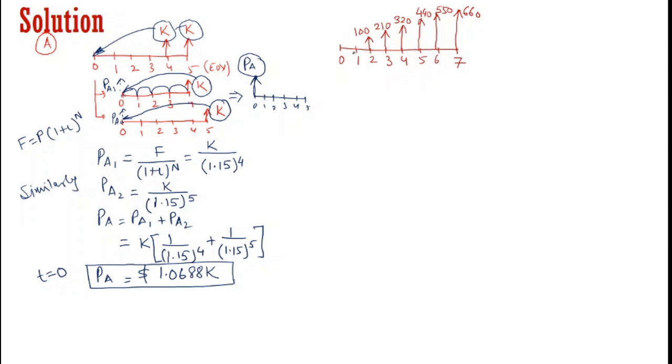At first instance it looks like a gradient series because the transactions are increasing. But if I take G to be 100, for this series to be a gradient series this should be just 200 and this should be 300, but here it is 210 and here it is 320. So really it is not a standard gradient series for which we have the relationship.